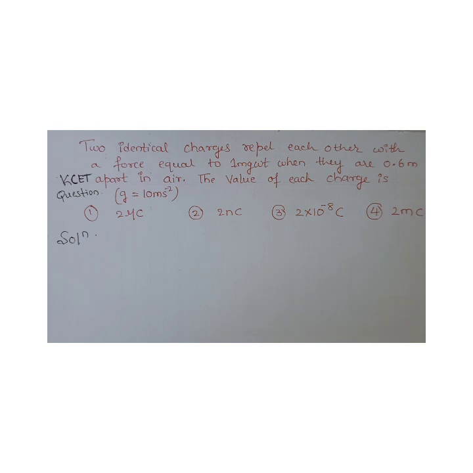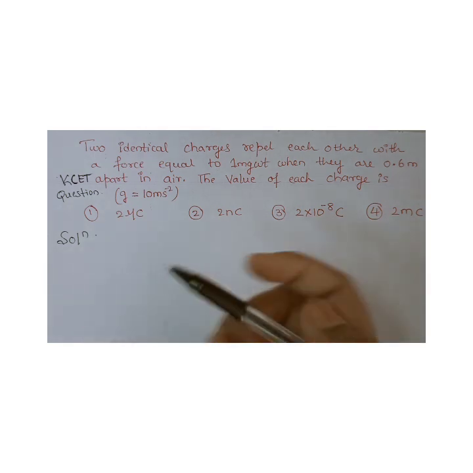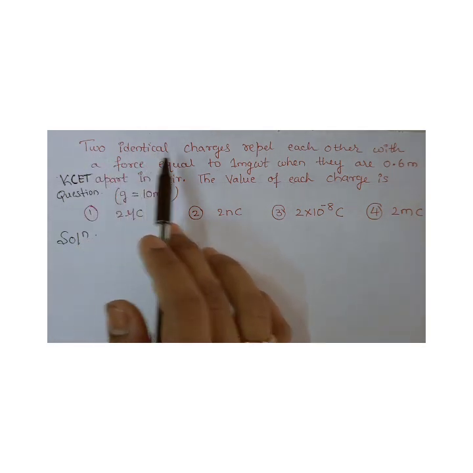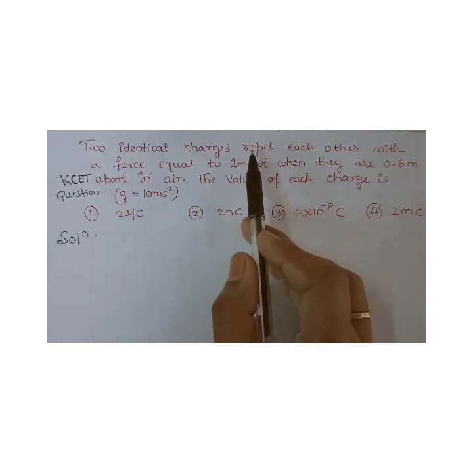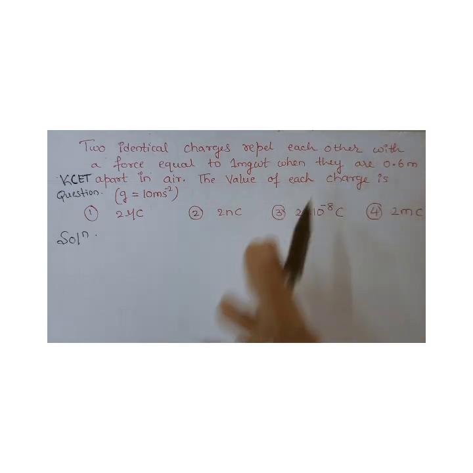So next, I am going to take another question. This is a KCT question I have introduced here. So let us read the question thoroughly. Two identical charges, the same charges, repel each other.